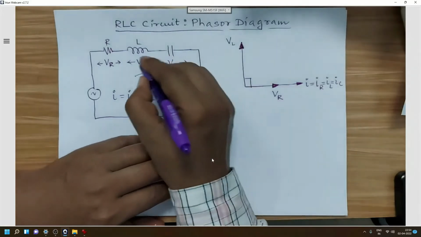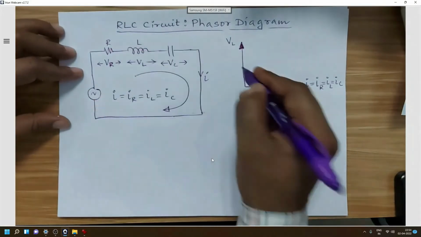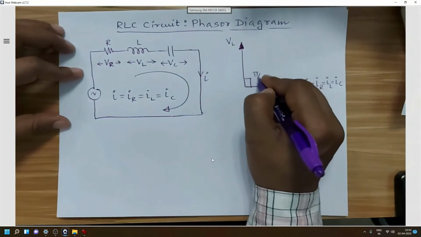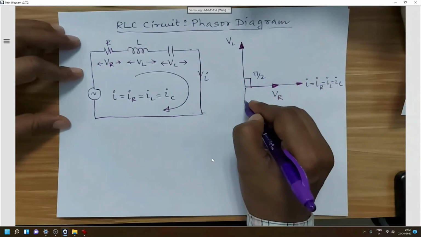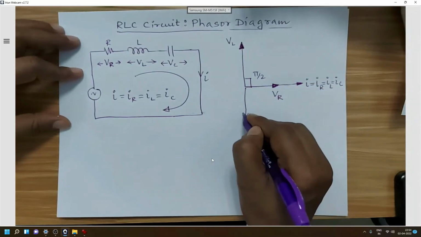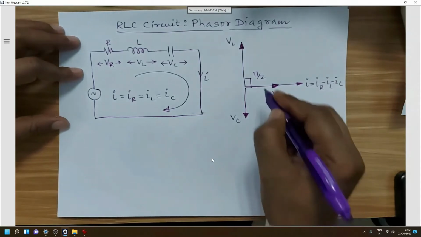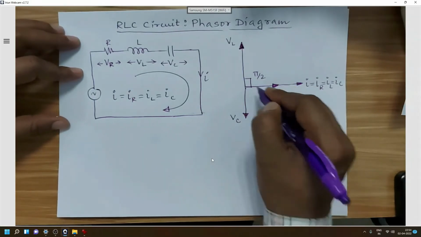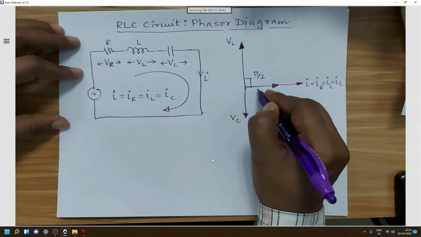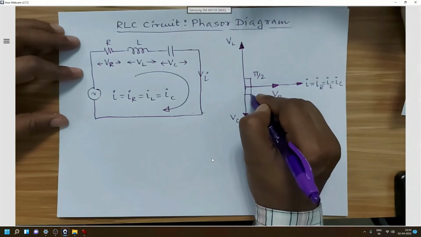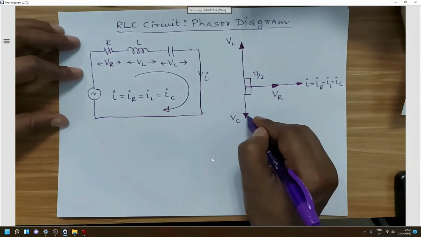As we are considering each individual element as a pure element, it will be pi by 2. And similarly, the voltage across the capacitor, that is VC, will also be separated by pi by 2 angle, but it will be obtained as a lagging vector.